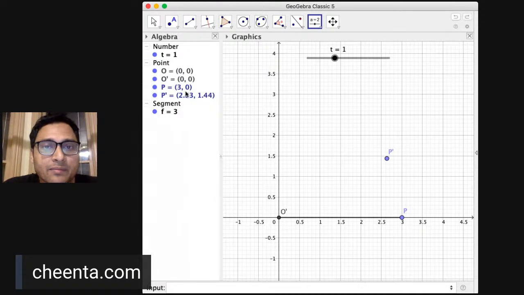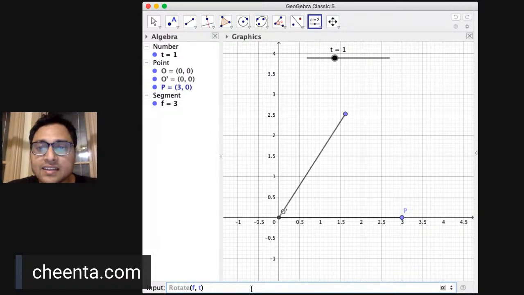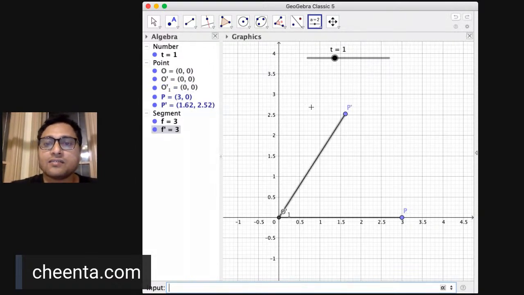Let's throw away P prime. We are just doing an experiment. This is the same experiment that Aryabhatta or the ancient people did, just without the software. They just did it with a string and a ruler. So it was excellent. Now I'll again rotate this F, but only by this t.